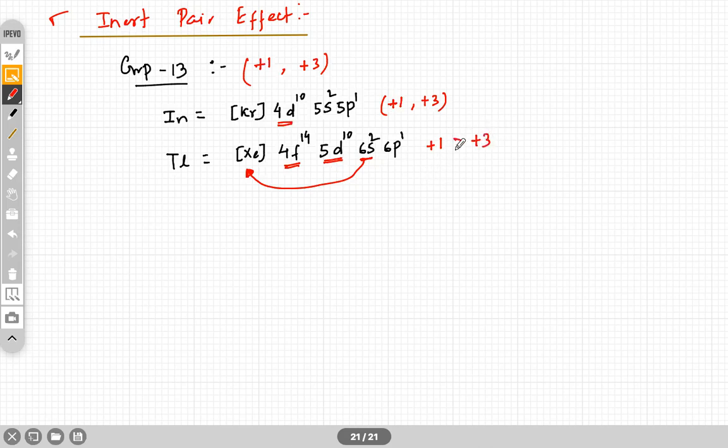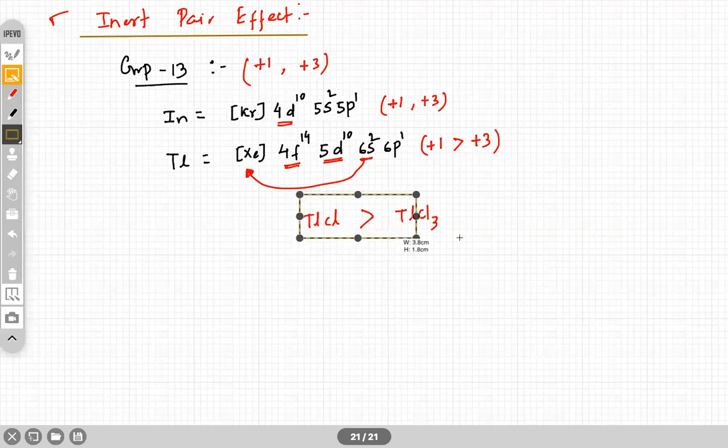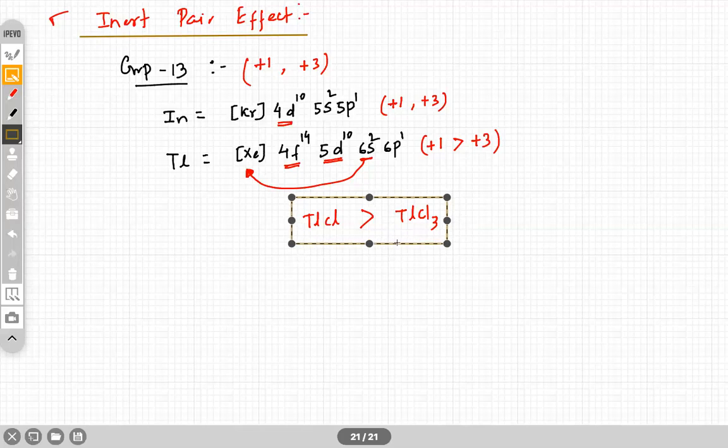And hence we can say thallium always has tendency to be in +1 oxidation state. That's why it can form TlCl, but TlCl3 is very difficult to form. The stability of TlCl is more than that of TlCl3. This kind of question they ask: why is TlCl more stable than TlCl3? Answer is inert pair effect.